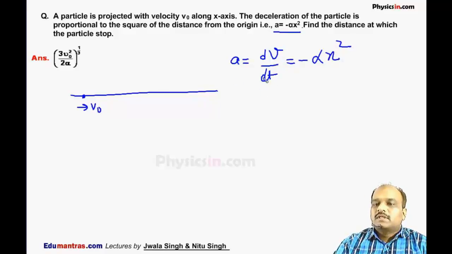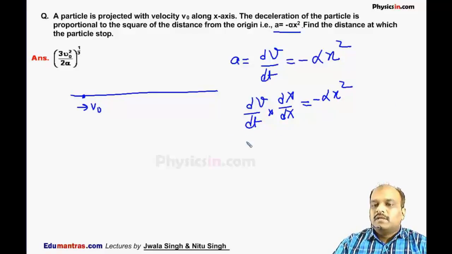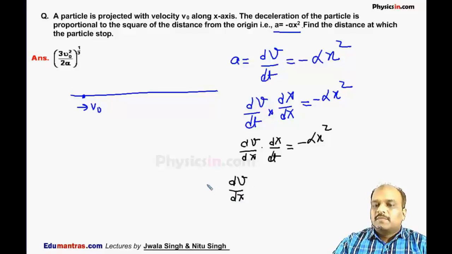Now from here we can say dv by dt multiplied by dx by dx is equal to minus alpha x squared. In place of dv by dt I can write dv by dx multiplied by dx by dt, that is equal to minus alpha x squared.